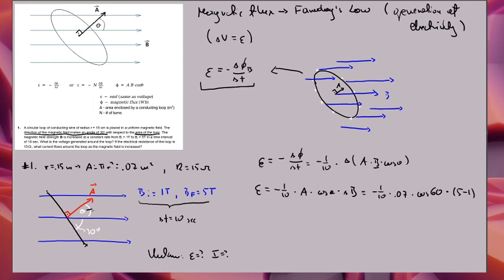This angle here is 60 degrees because 90 minus 30 is 60. And so the EMF or the voltage set up would be minus, let's calculate this thing out, 0.014 volts.